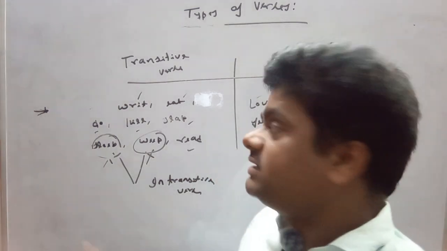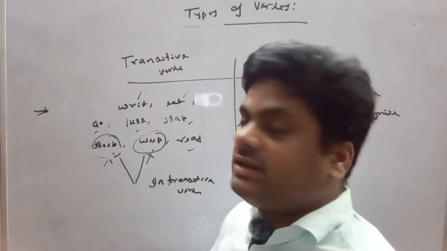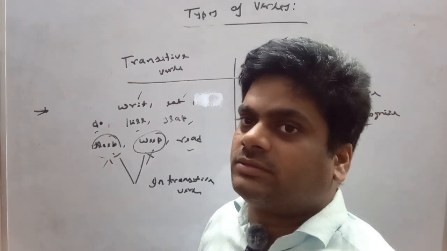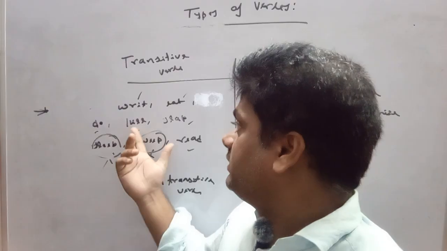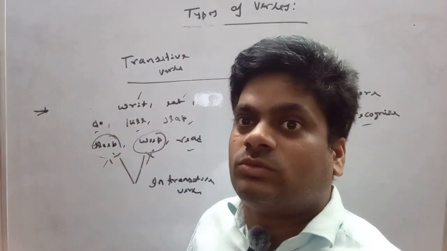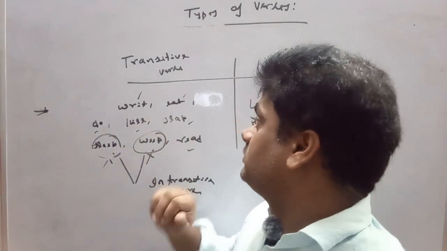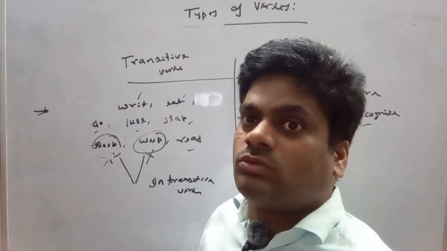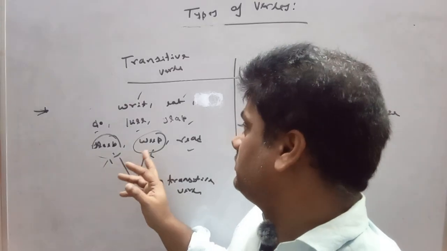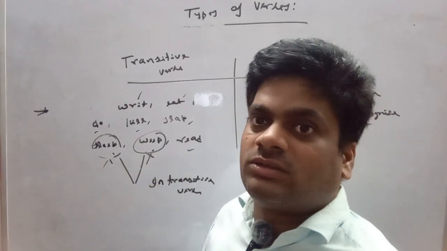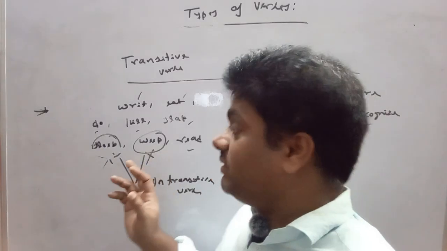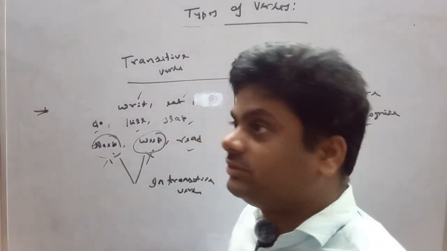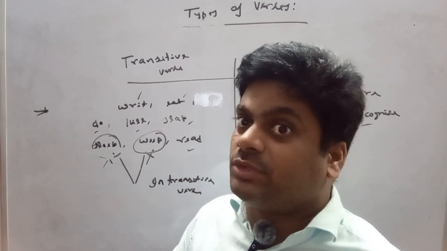If anybody says he writes, what writes? He eats, what eats? He kills, whom does he kill? Slap, whom does he slap? Read, what does he read? But if anybody says sleep, where does he sleep?